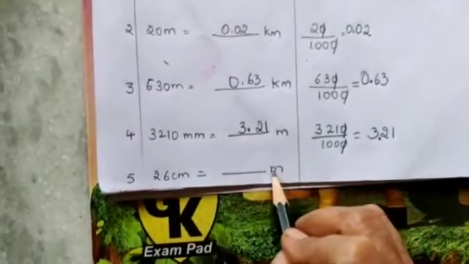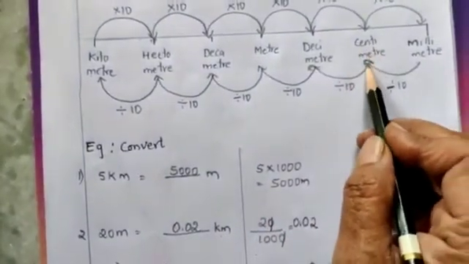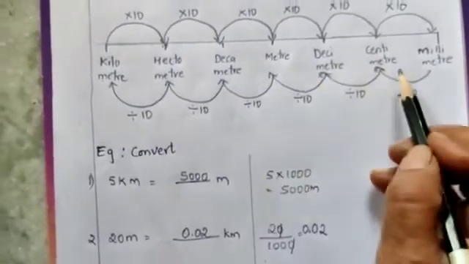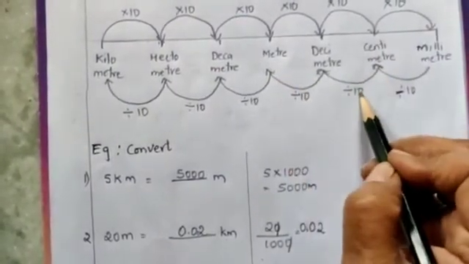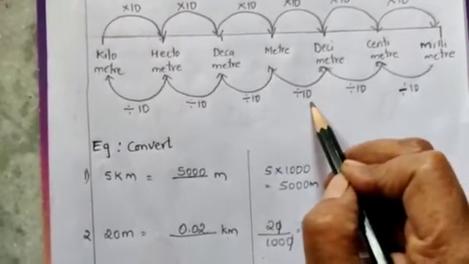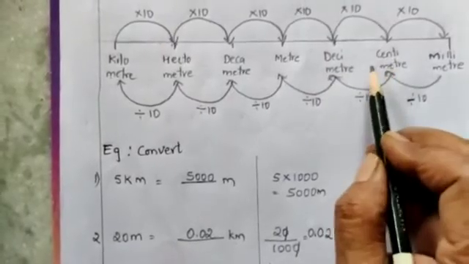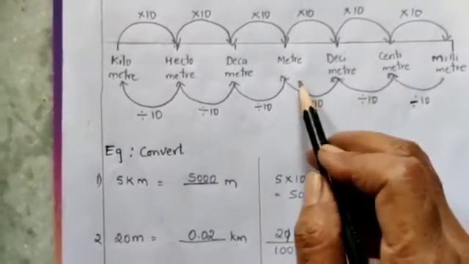Last, the fifth one, 26 centimeter. Centimeter to meter. Centimeter to meter, how many steps? 1, 2. So how much do you have to divide? 100. You have to divide. Why, children? You are converting smaller unit to bigger unit.